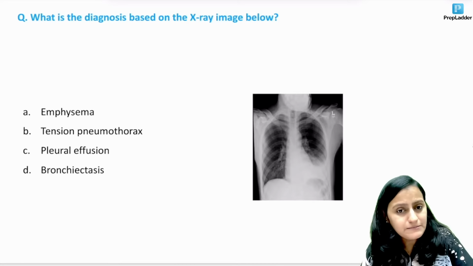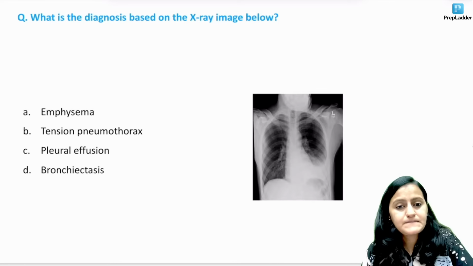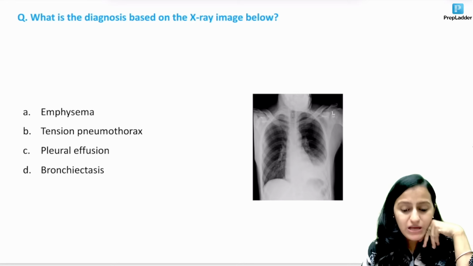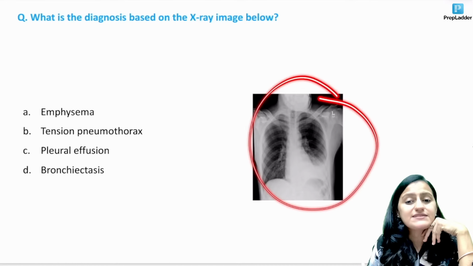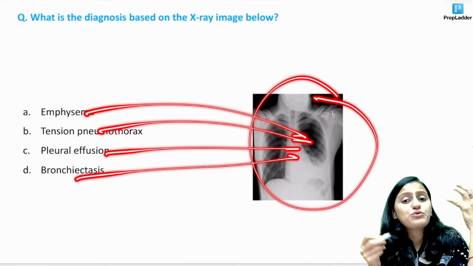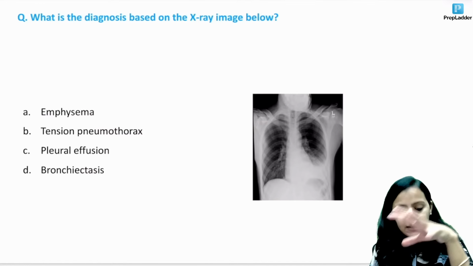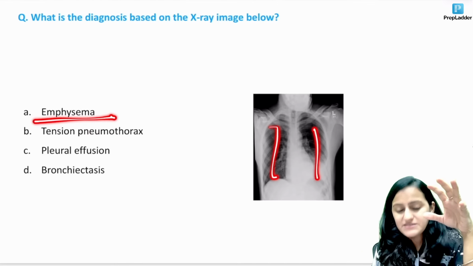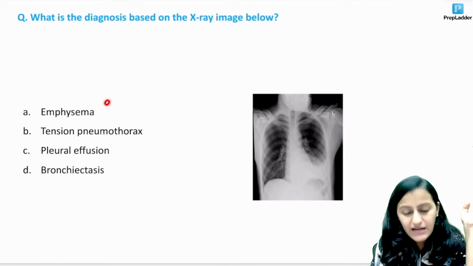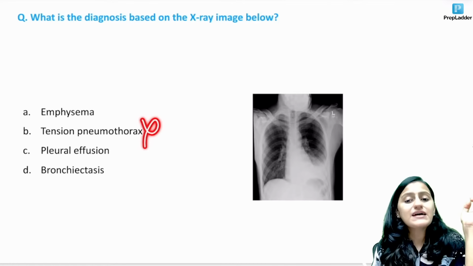Next, what is this one? See, this is your learning point for image-based questions. Don't break your heads on the image. You just have to take one option and see whether what you know about that image is fitting into this. Is this emphysema? Emphysema has black hyperinflated lungs, but here you are seeing white. So that is out. Tension pneumothorax again will be black.